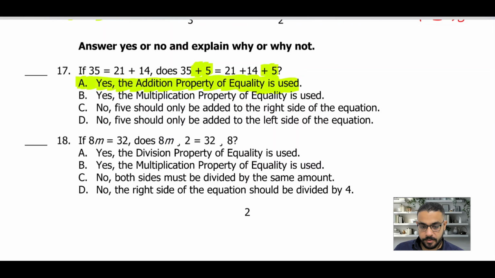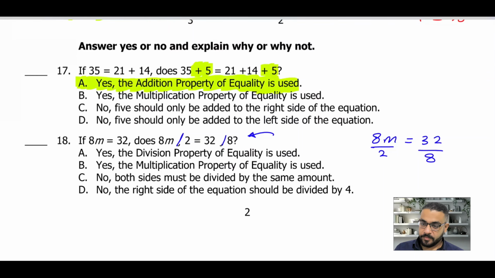Moving to 18, if 8m equals 32, does 8m divided by 2 equal 32 divided by 8? Let's see. To be clear, I write it again. He did the division here: the left side divided by 2 and the right side divided by 8.